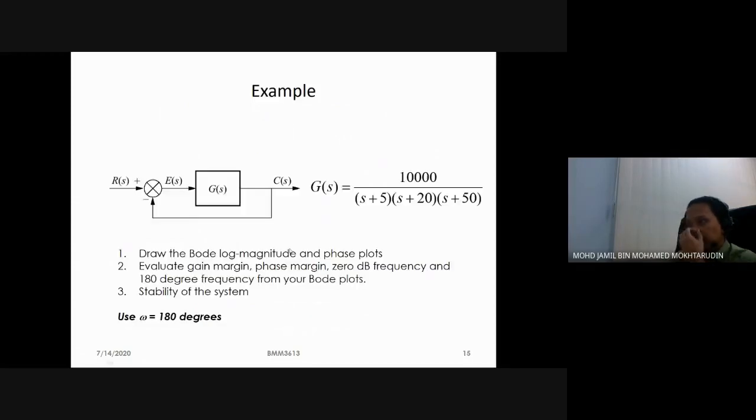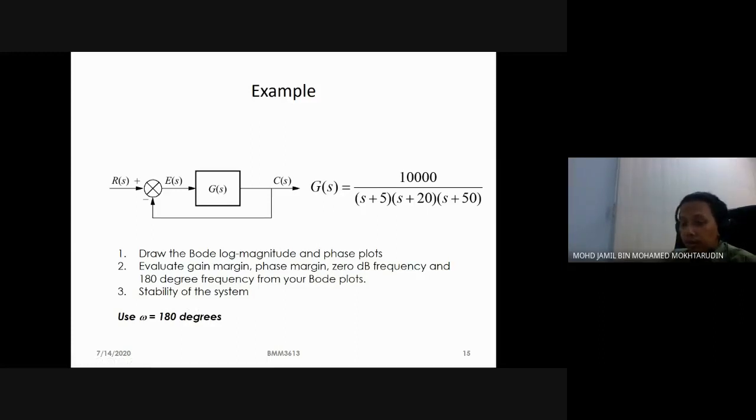Let's look at an example on how to draw a Bode plot. Say you are given a unity feedback system, and G(s), the forward transfer function, equals this one. The question may ask you to draw the Bode plot and phase plot, and then evaluate the gain margin and phase margin at 0 frequency and 180 frequency, and determine the stability of the system.